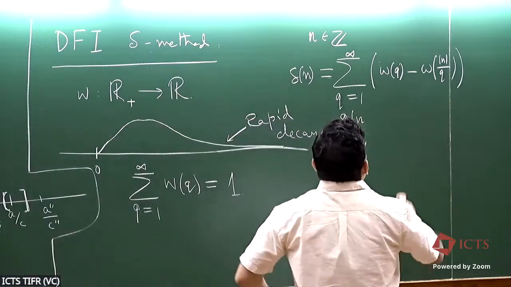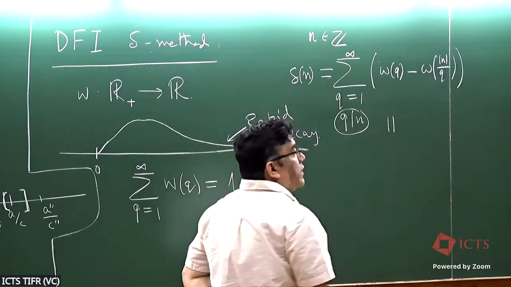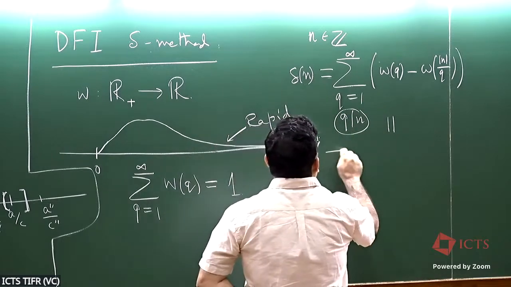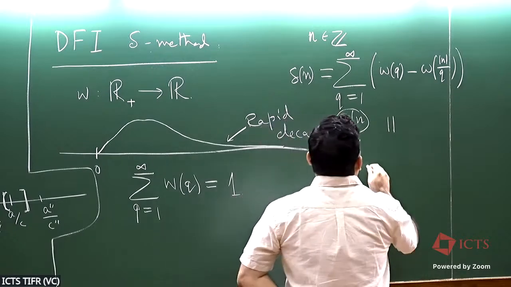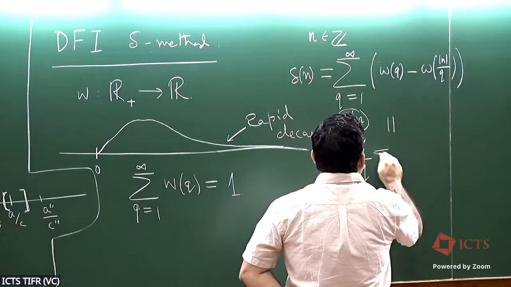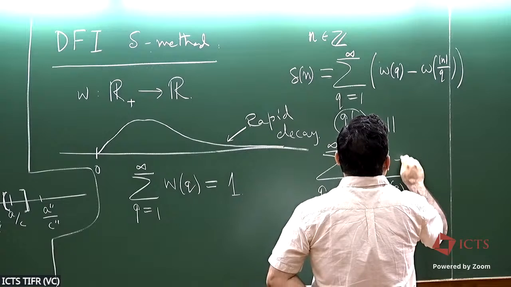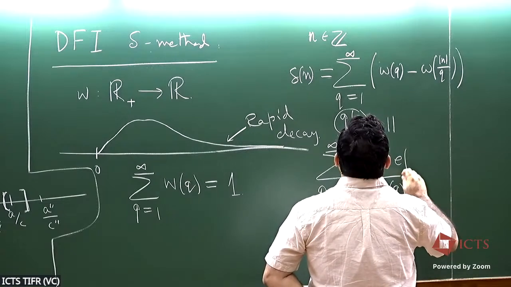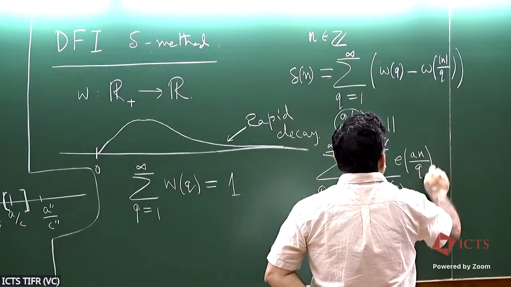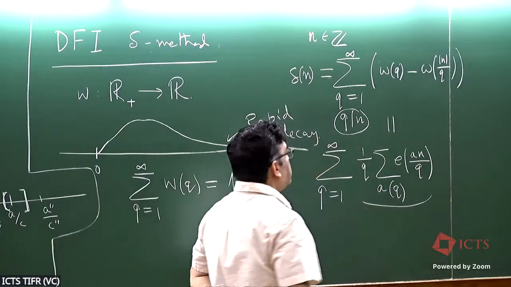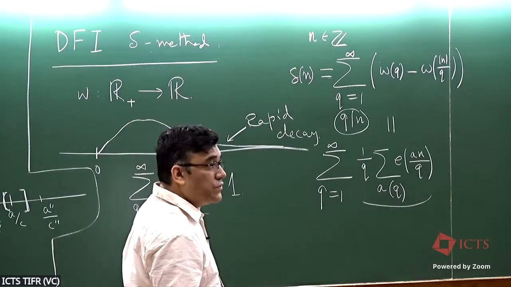And now you can detect this event that q divides n by additive characters. So we have the sum over q from 1 to infinity of 1 by q, sum over a modulo q, of e(an by q). So this part is 0 unless q divides n, and if q divides n, this is equal to 1.